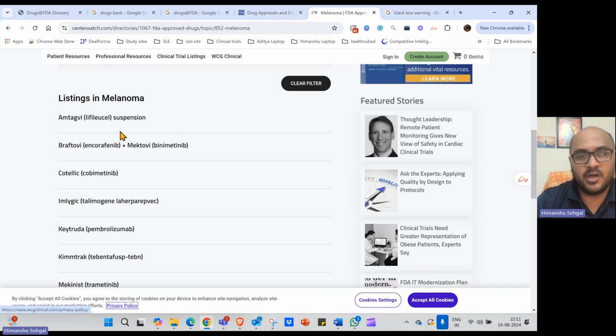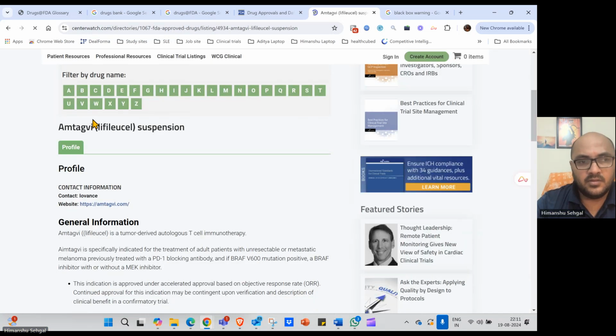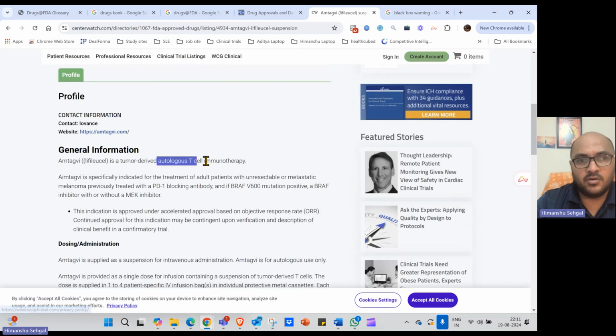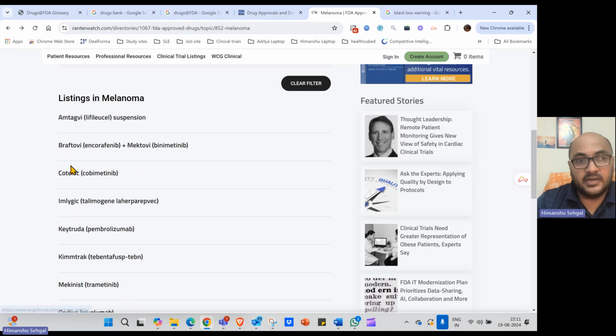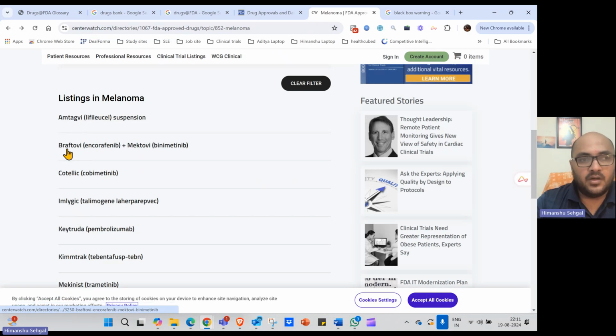What all are approved in melanoma? So Amtagvi, which is a suspension. It basically looks like a cell therapy. If I see, autologous T cell immunotherapy. So from Iovance, yes. It is recently approved actually.